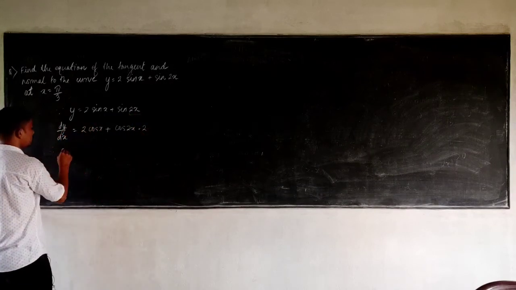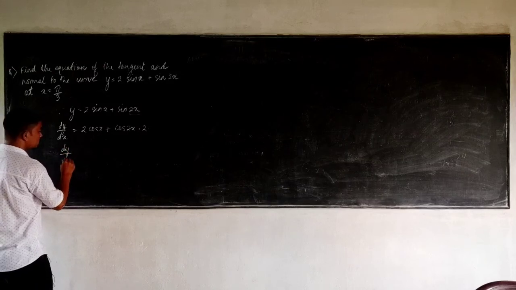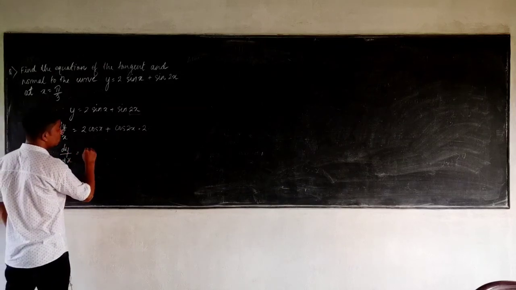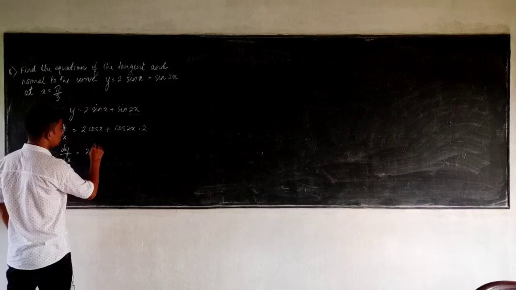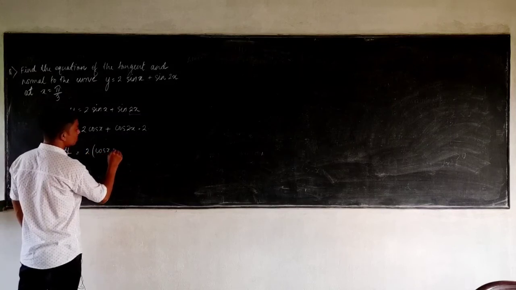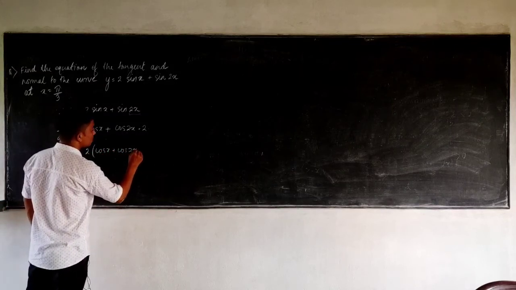So finally I will get dy by dx equals, taking 2 common, 2 times cos x plus cos 2x.